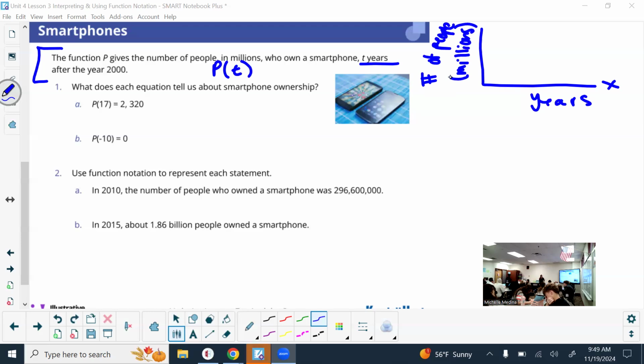So try that again. Table 4, the 17 is what? And specifically years since 2000. So class, what year was that then?